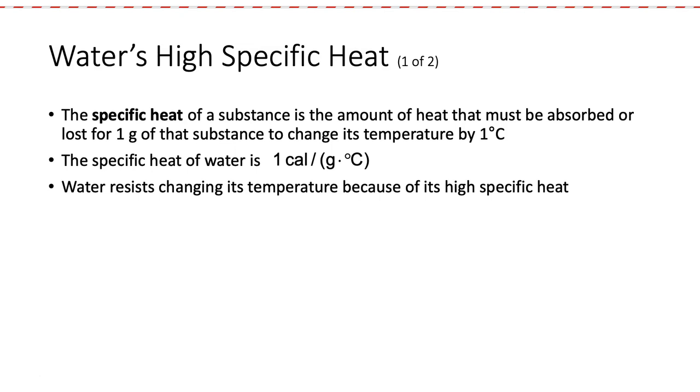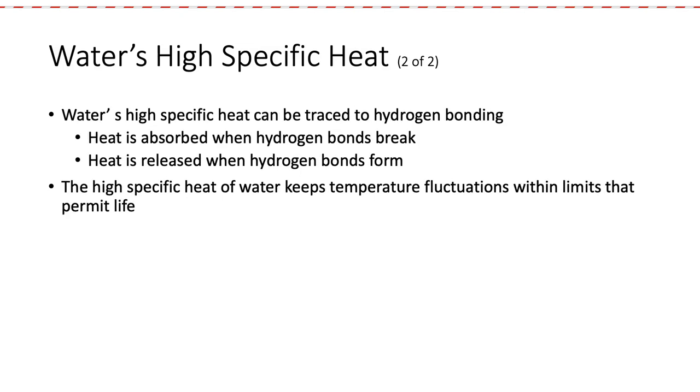That's what heat is for water. And everything else has a different specific heat. Think about some metals that can heat up really quickly. That's got a much lower specific heat. It takes less energy. Water has a high specific heat.